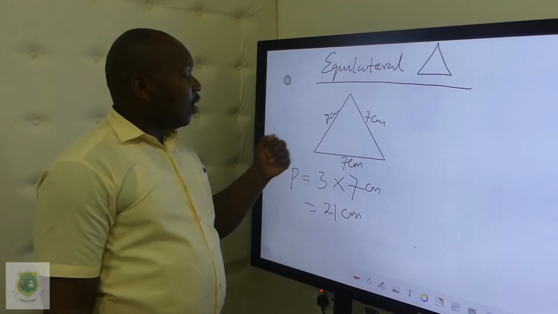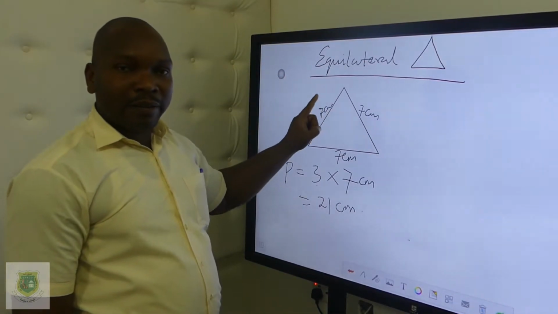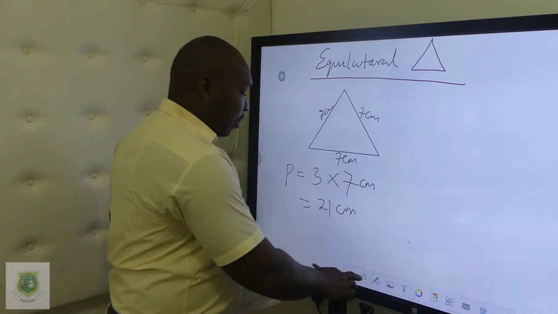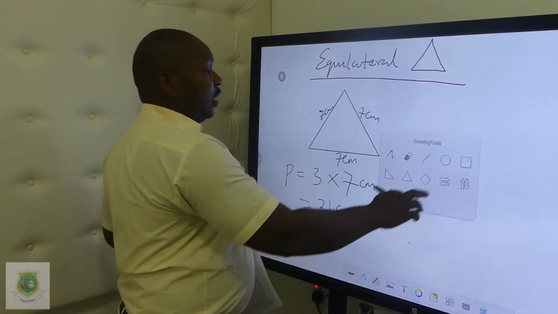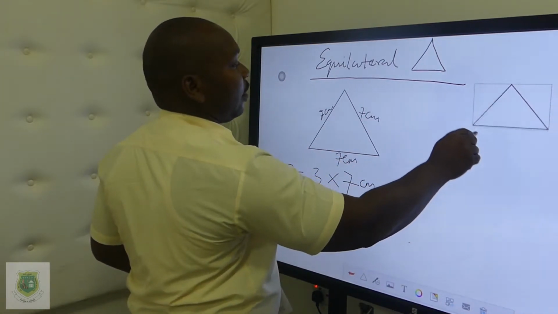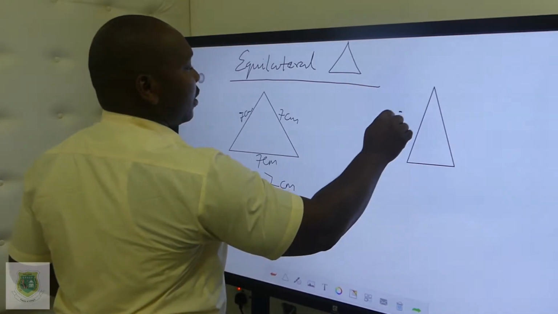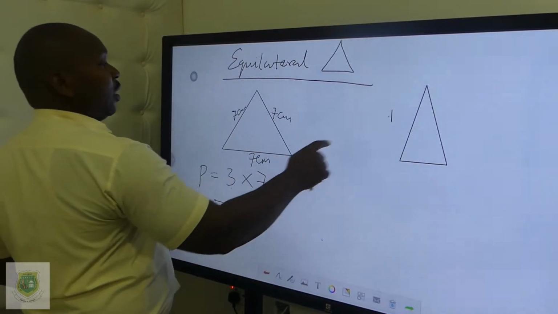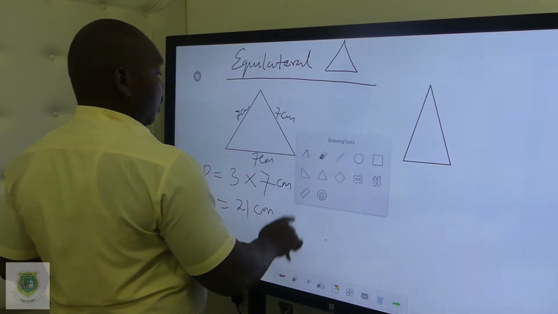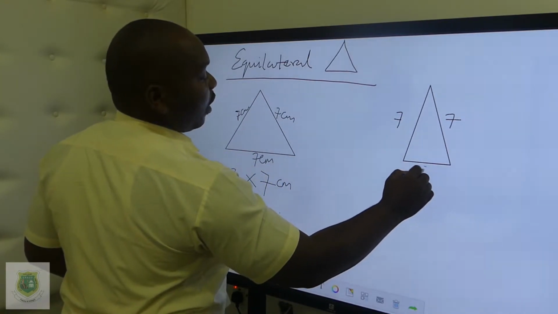If this is not an equilateral triangle, you are not going to multiply by 3. You will simply add the lengths of those sides. For example, let's say we have a triangle like this, where here is 7 centimeters, that is 7 centimeters, and here is 3.